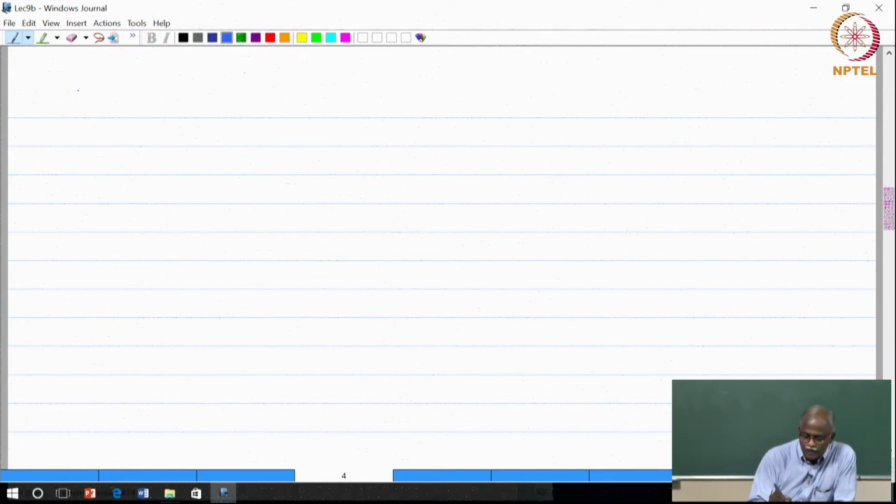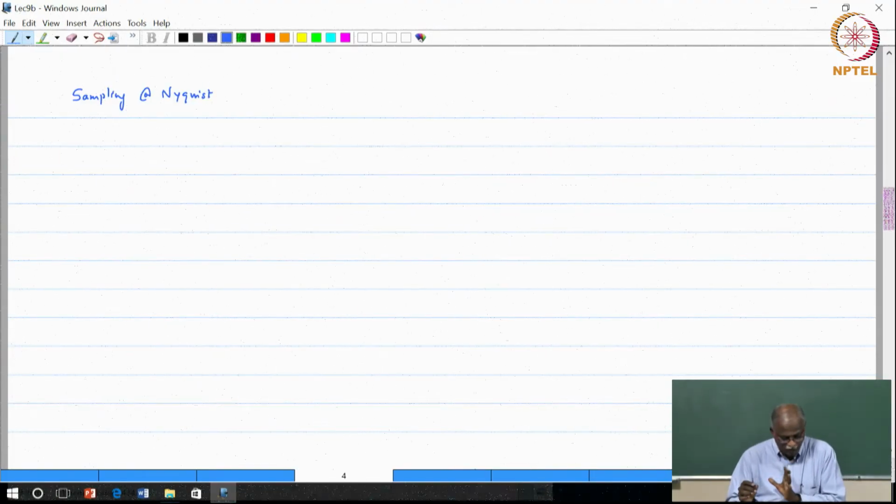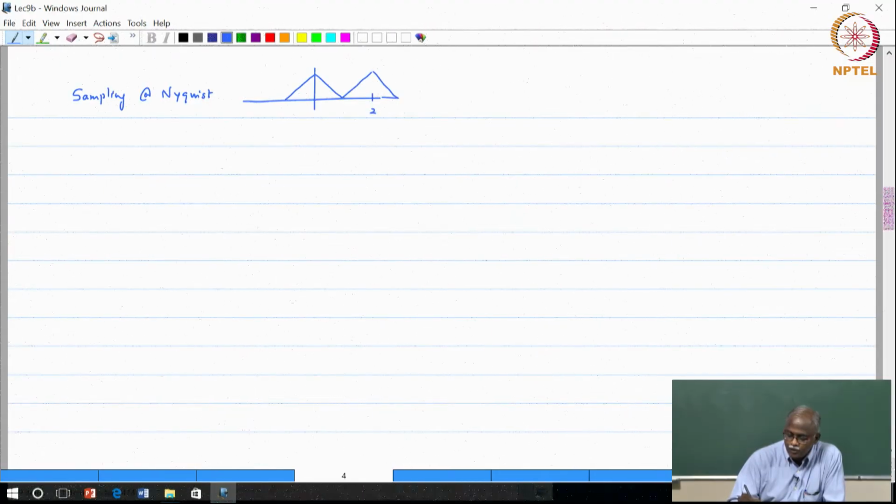So, the first one is I am going to draw the spectrum of sampling at Nyquist rate. Okay, again keep in mind that this is a series of figures, preferably draw it all on the same page. So, for the Nyquist sampling rate, the spectrum looks like this. This is pi, this is 2 pi.